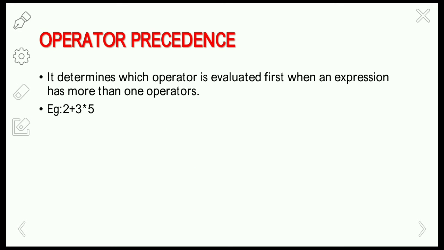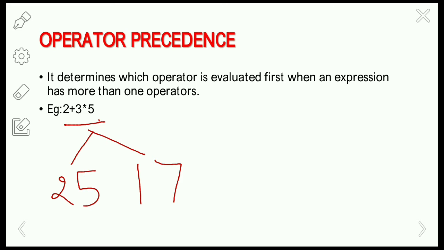If there are two or more operators, there will be some small problem. There will be some doubt about which operator must be evaluated first. Take the expression 2 plus 3 into 5. It can give two types of answers. 2 plus 3 is 5, into 5 is 25. Another one is 3 into 5, 15, plus 2, 17.